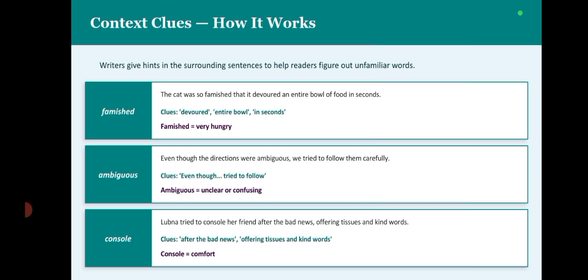Console. Lubna tried to console her friends after the bad news. Definitely the bad news, after the bad news, offering tissues and kind words. These are the hints in the sentence that you can use to derive the meaning of the unknown word. Definitely we can get the idea somewhat. Console means to comfort someone.